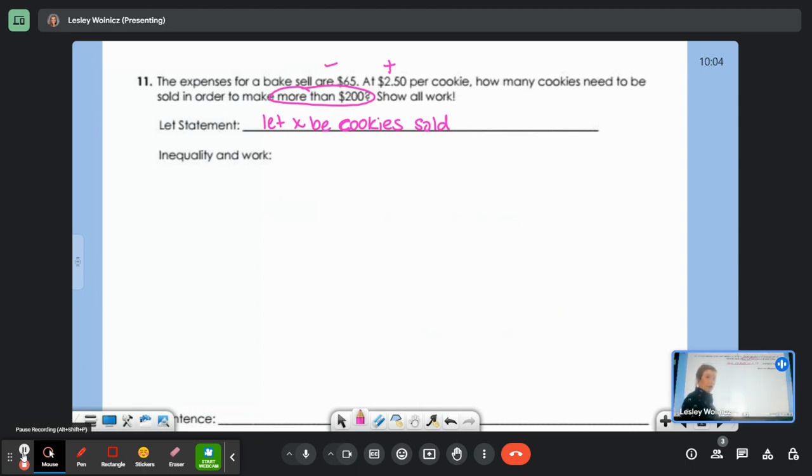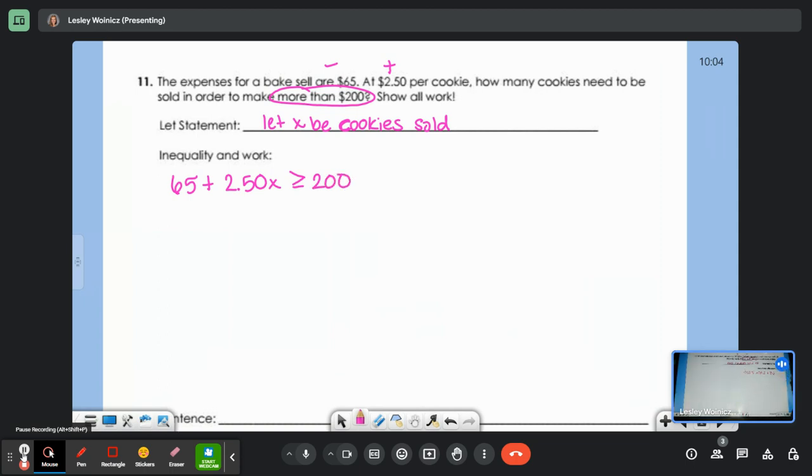Okay. What did you guys say for your inequality? 65 plus $2.50 per cookie is what? Greater than or equal to 200.